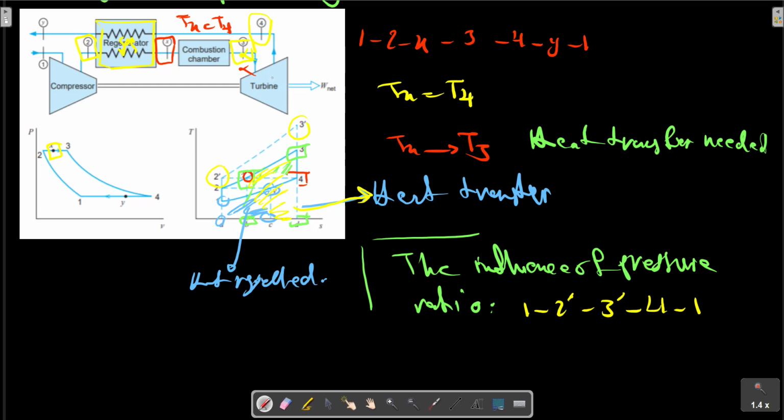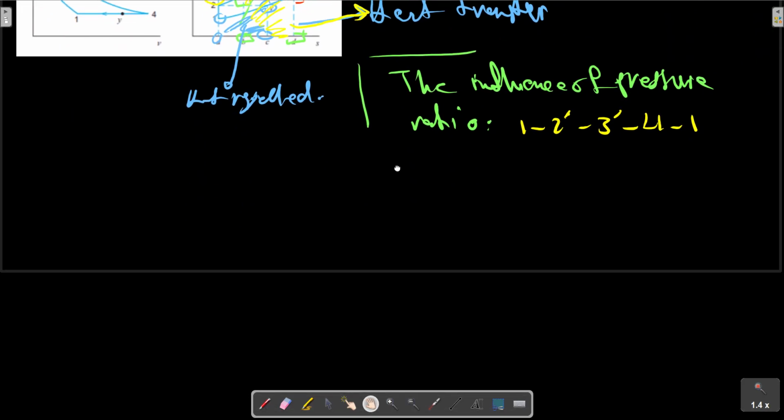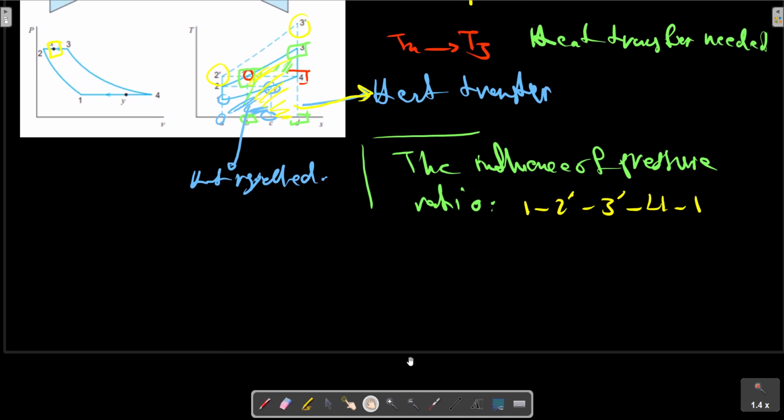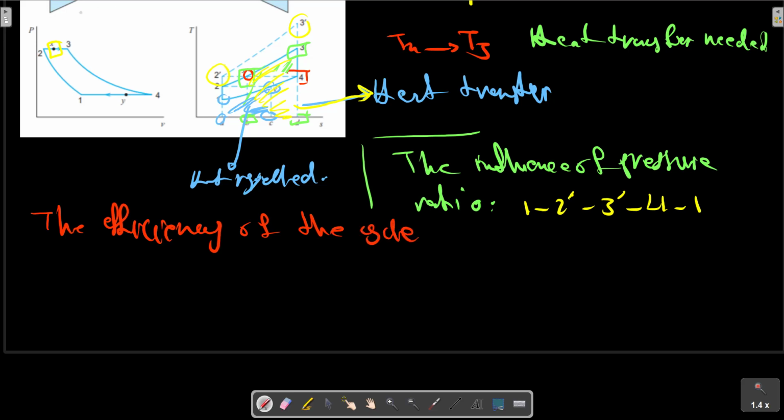The efficiency of this cycle with the regenerator is found as the relation for the efficiency of the cycle, eta thermal.